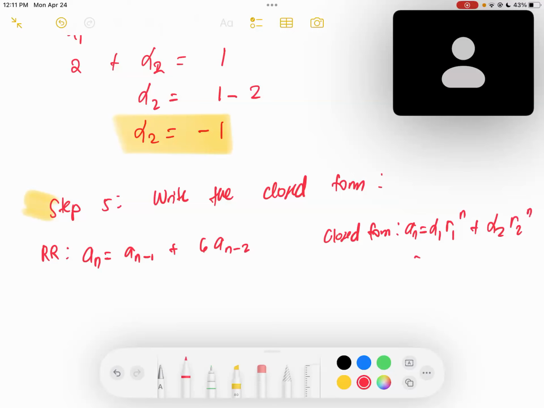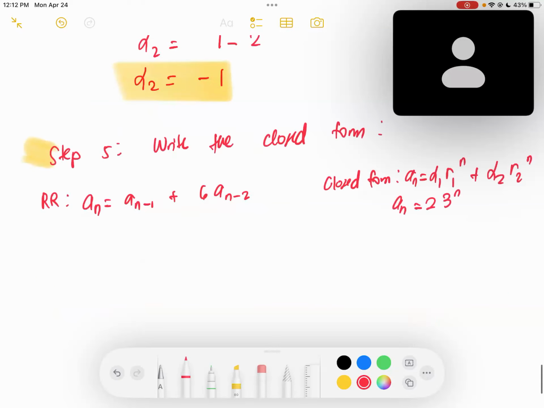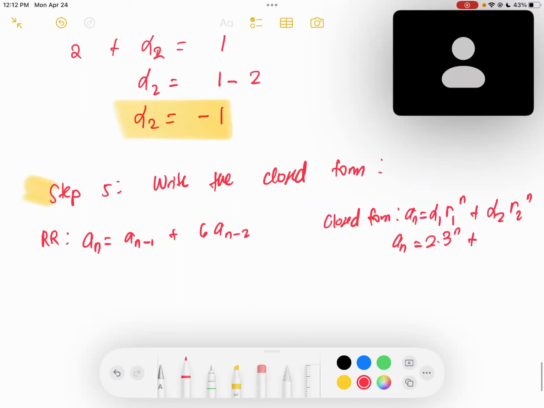And we know that our alpha 1 is 2, and the root 1 is the one that we have computed earlier, which is 3. So that will be 3 raised to n plus alpha 2 is equal to negative 1 times r2, which is negative 2 that we have computed. So negative 2 raised to n.